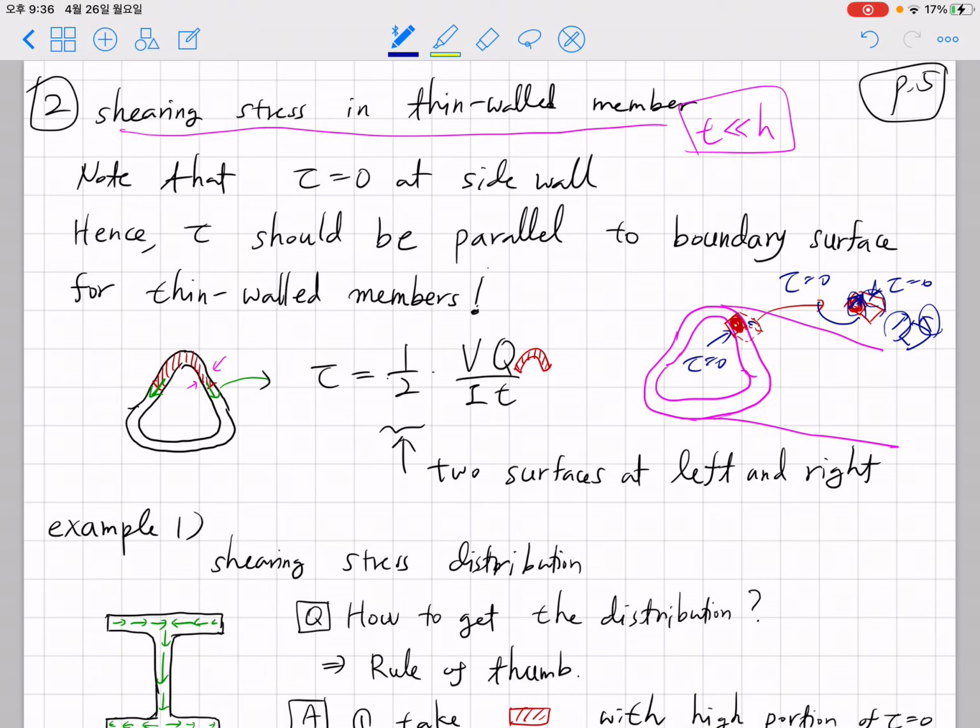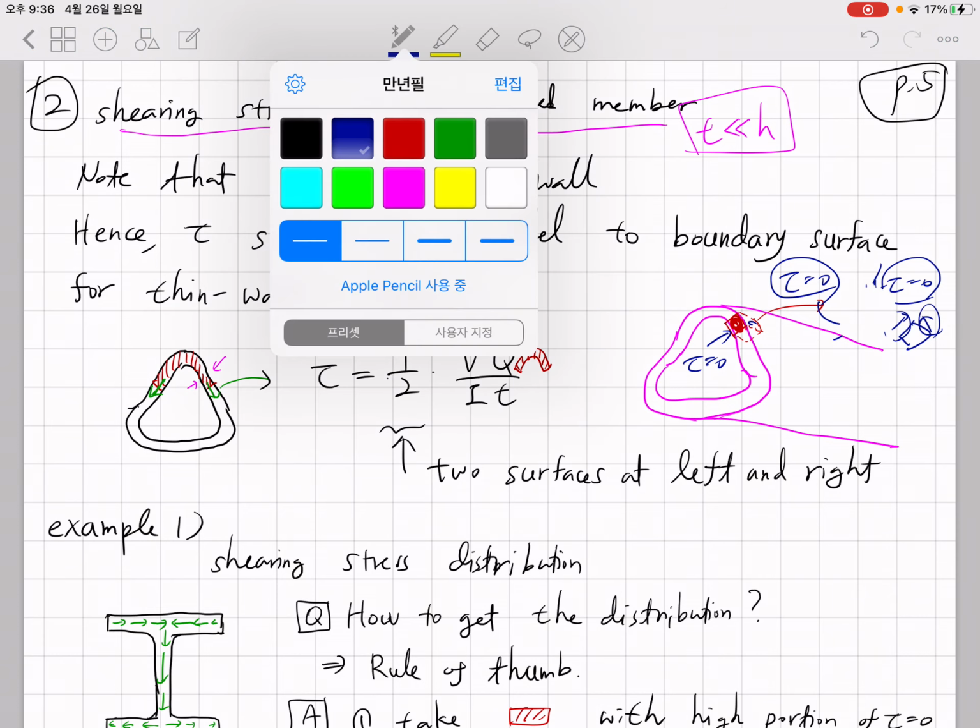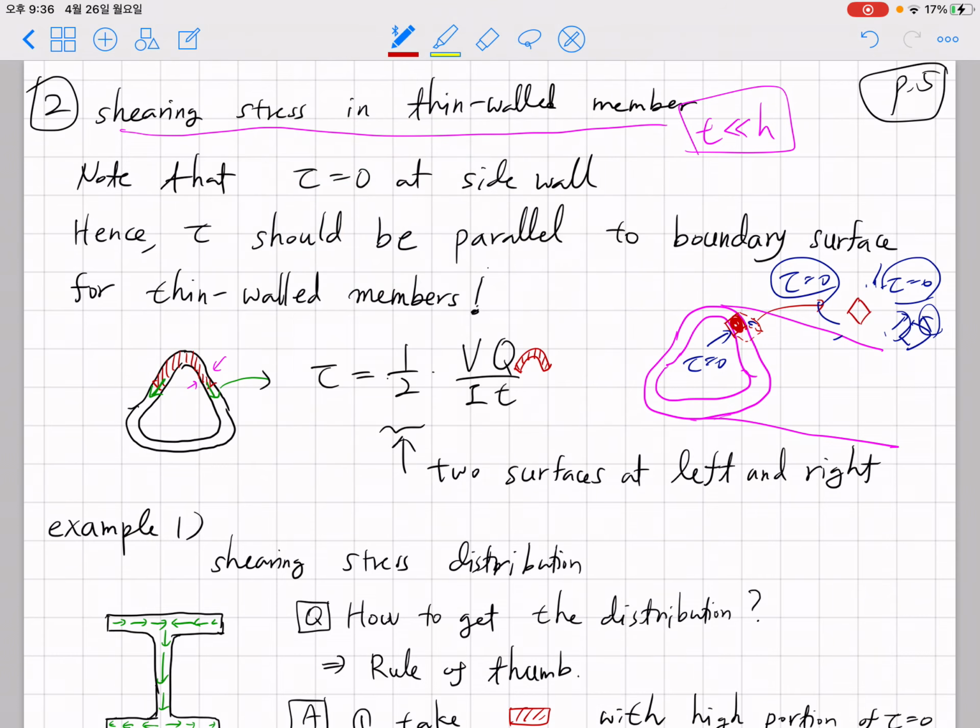Okay, so the only way to satisfy tau equals 0 at this side and tau equals 0 at this side is that your stress must be parallel to this thin-walled member. Only if you have this stress flowing parallel to your thin wall, then you can satisfy the tau equals 0 condition for your thin-walled member.